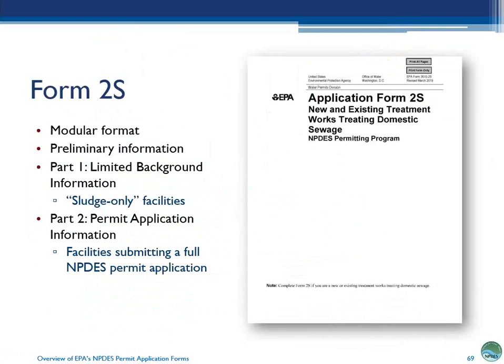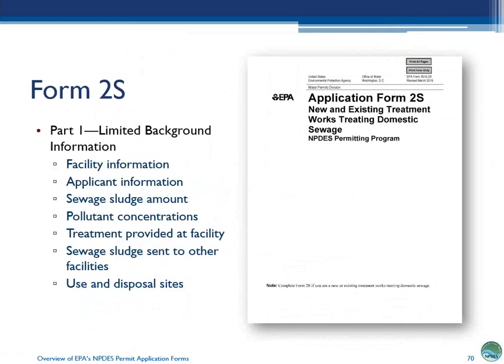Part 1 applies to sludge-only facilities, which are facilities without a currently effective NPDES permit that have not been directed by the permitting authority to submit a full permit application. Part 2 must be completed by any facility that is submitting a full NPDES permit application.